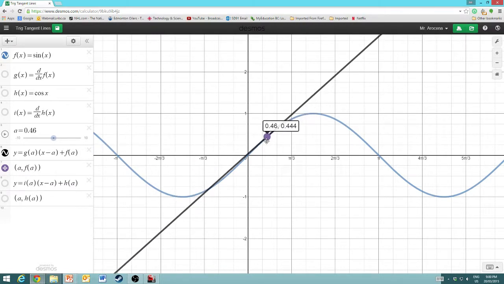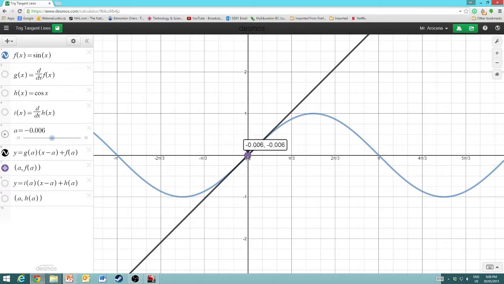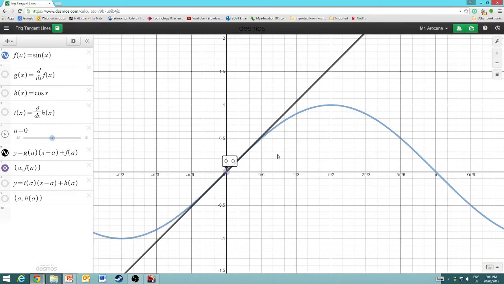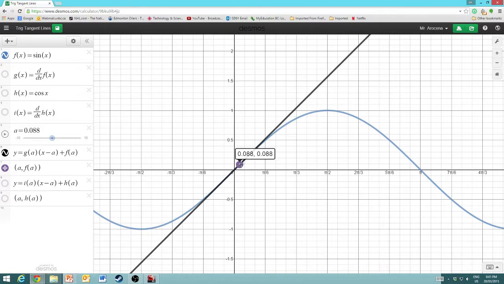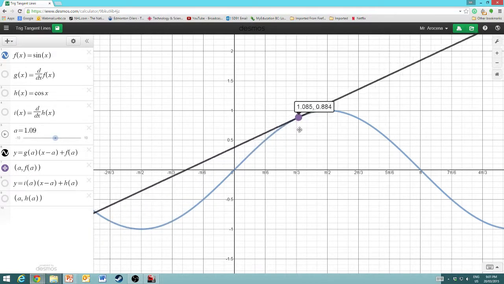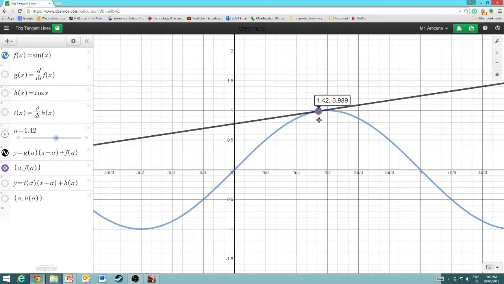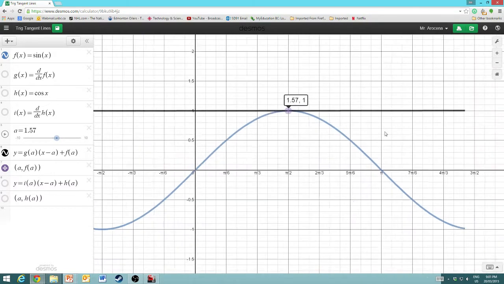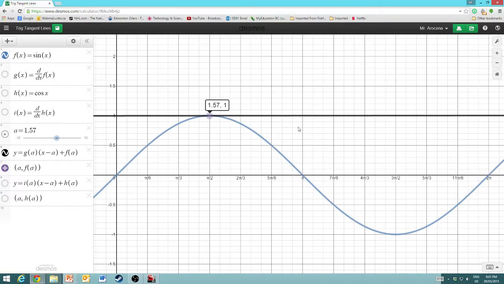Let's start with sine. At x equals 0, my slope looks to be approximately 1. It might not be exactly 1, but that's no fault of this graphing program. As we move further down the sine curve, at about pi over 2, the tangent line looks to be about 0.